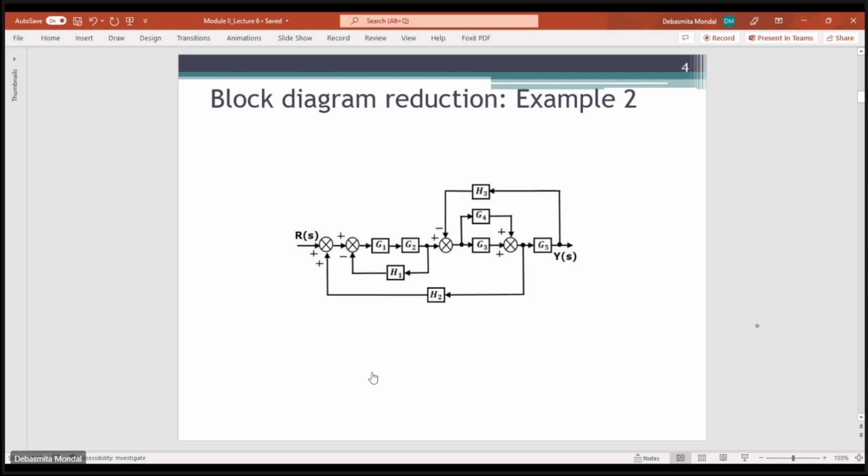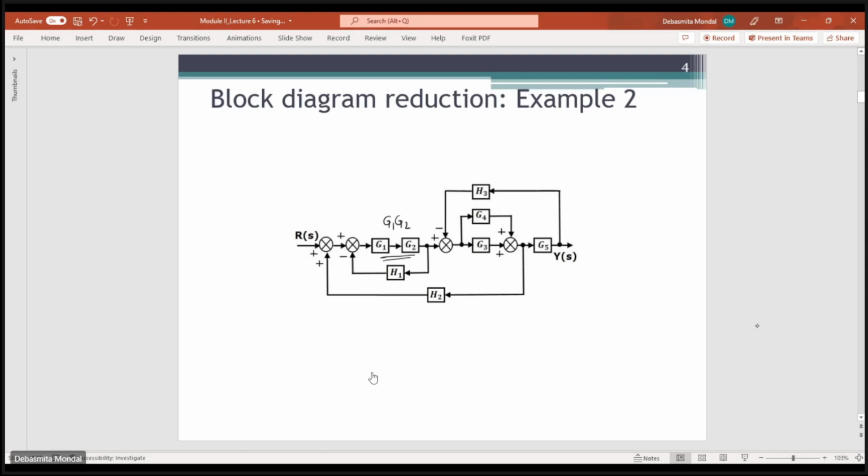Ma'am, first we can create G1 and G2 into a single block, and we can find a gain of G3 and G4 and again create a single block there. So your G1 and G2 single block will be? It will be G1 G2, ma'am. Yeah, it is G1 G2.